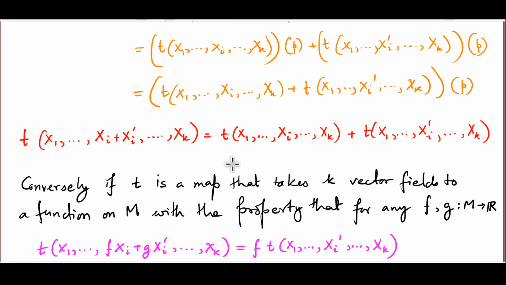This is something which is trivial for linear combinations which involve numbers, but for tensor fields it also works when the multiplying factors are functions rather than numbers.